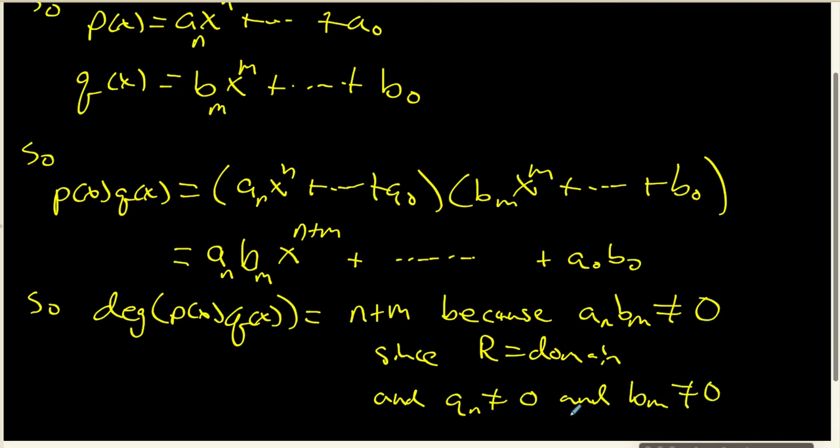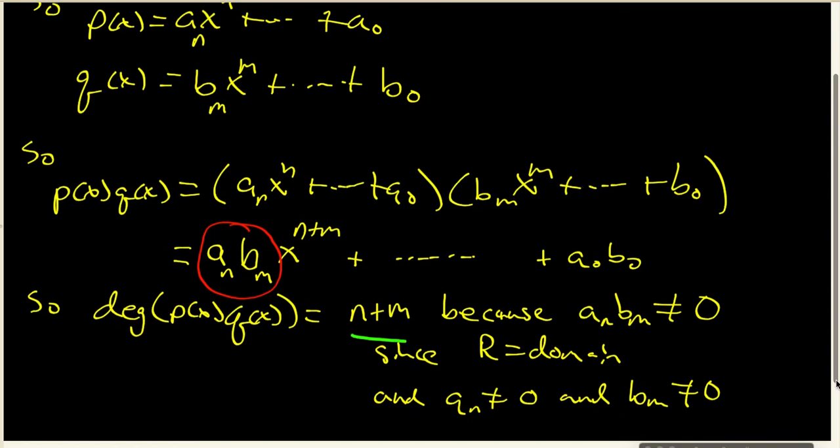So that's what tells me this leading coefficient here cannot be equal to 0. And that's what tells me that the degree of the product is indeed going to be n plus m.